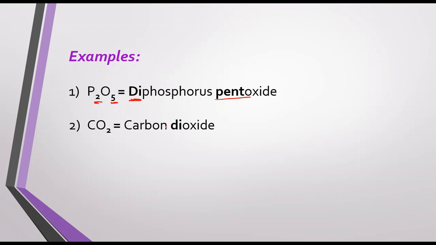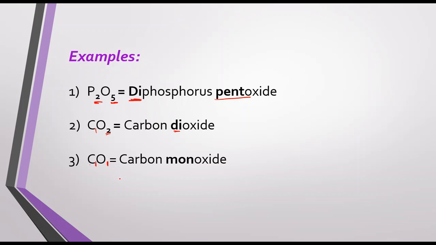Second example, you all know this one anyways, it's carbon dioxide. Why is it called carbon dioxide? Well, this is an understood one here. Remember, we leave off mono off the first word always. So it's just carbon, and then the 2 here tells us dioxide. The last example here, CO, has a 1 here as well, but the second one's also a 1.